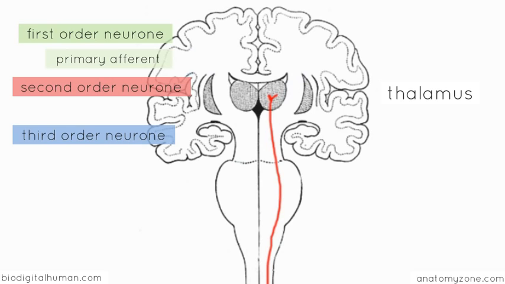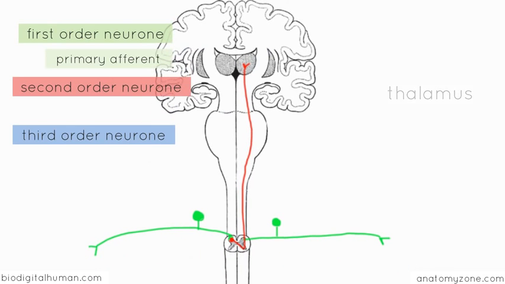So on the right hand side of the screen you can see the other path that the first order neuron takes. So it enters the dorsal horn and then it can ascend up into the medulla, where it forms its synapse with the second order neuron. So again, this second order neuron crosses over the midline and ascends up on the other side to the thalamus, where it terminates by forming a synapse with the third order neuron.